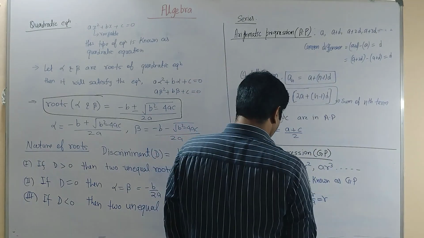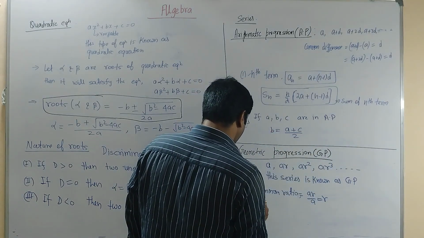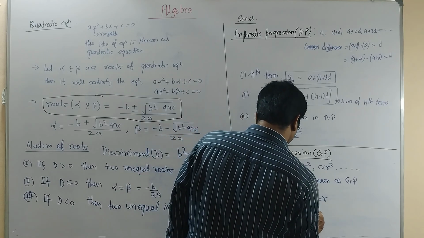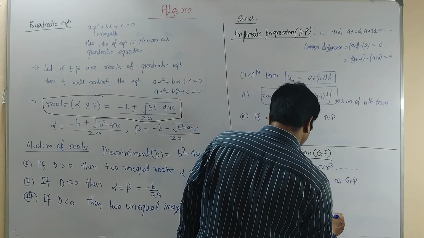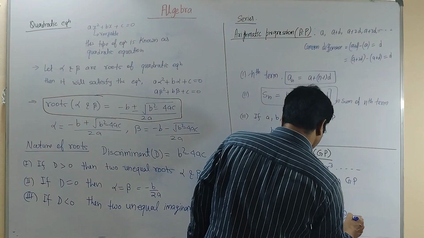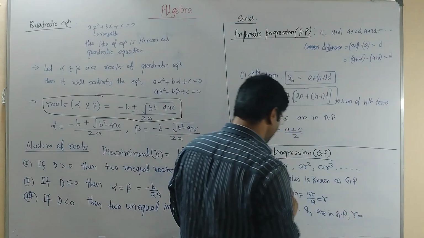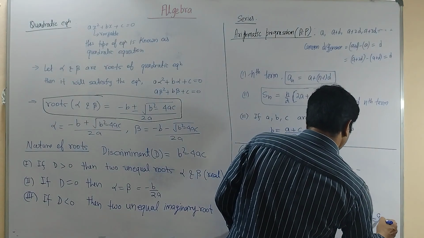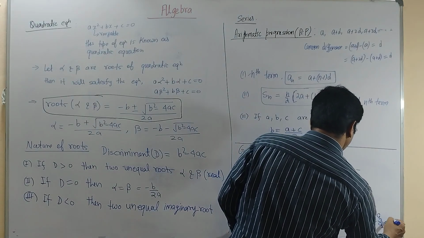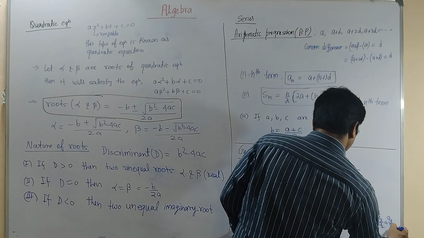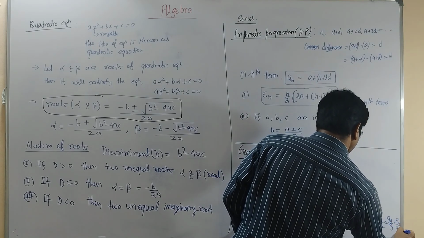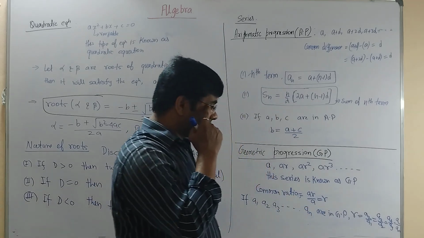Or in general, if A1, A2, A3, dot dot, AN are in GP, then we can write R equal to common ratio, A2 upon A1, or A3 upon A2, or A4 upon A3, or we can also write AN upon AN minus 1. Okay, so this is how it is defined.